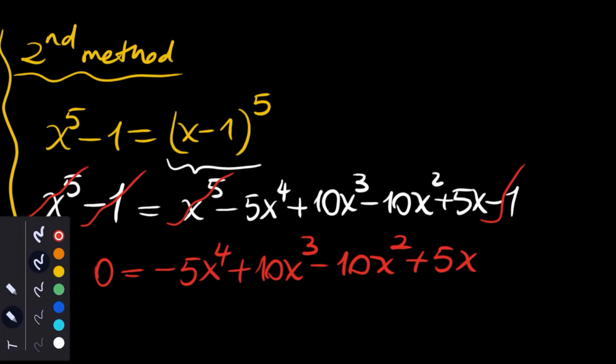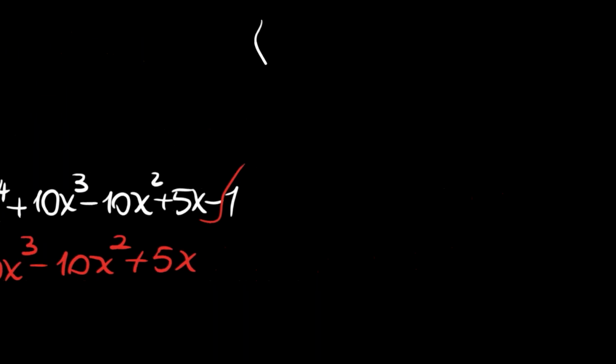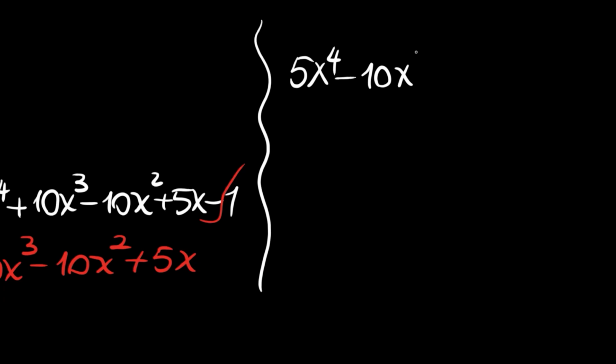Multiplying by a negative, we will have 5 times x to the fourth power minus 10 times x cubed plus 10 times x squared and minus 5 times x. This is equal to 0 now.